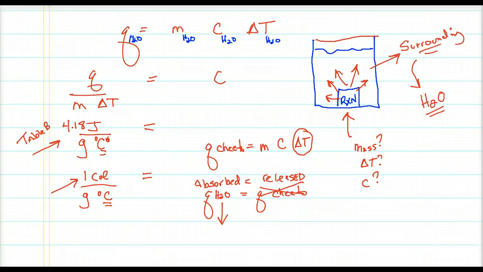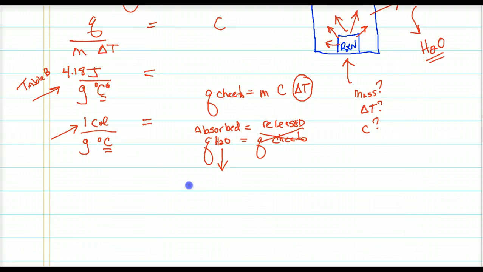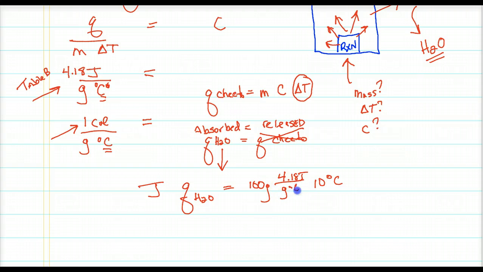And that's why you'll see a lot of these questions with water. Hey, what's the energy of the water that was needed to raise 100 grams of it 10 degrees Celsius? And of course, if I'm looking for joules, I need a specific heat that's in joules, and the unit is 4.18 joules per gram per degree Celsius. That tells me that these have to be grams, so grams cancel, and Celsius, Celsius.